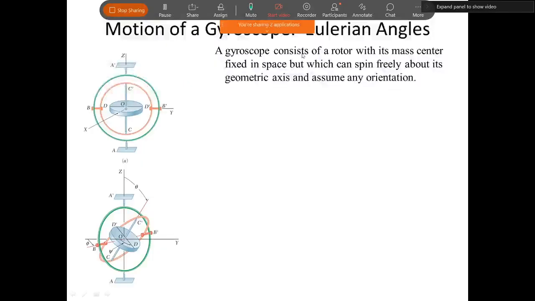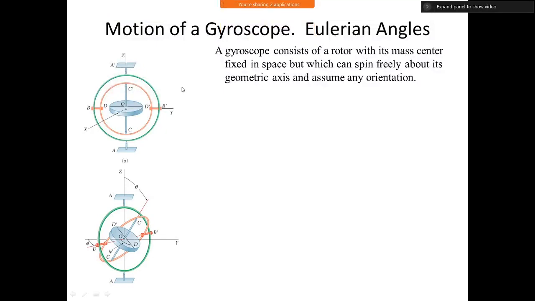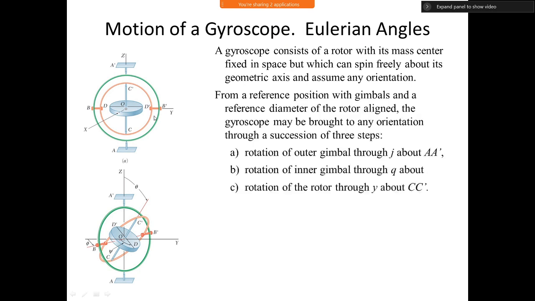Okay, so if we see the diagram of a gyroscope, as you have seen, it basically has a rotating disc. It consists of a rotor with mass center fixed in space, but which can spin freely about its geometric axis. And this can assume any orientation by changing the motion of the different outer rings. These outer rings are called gimbals.